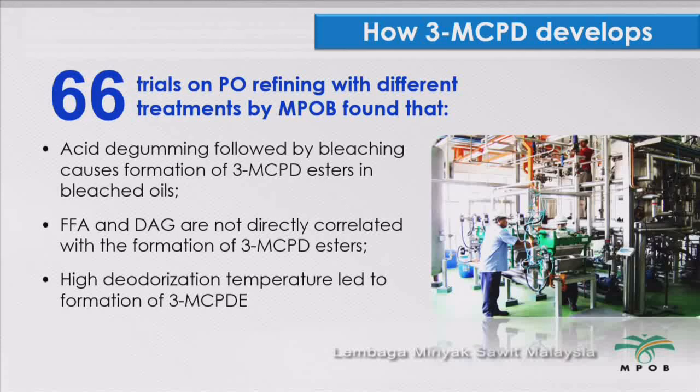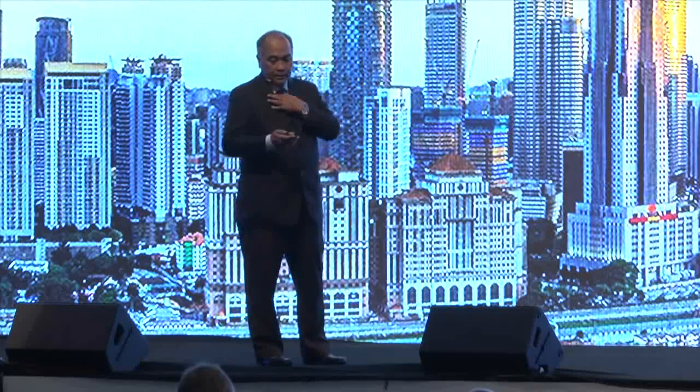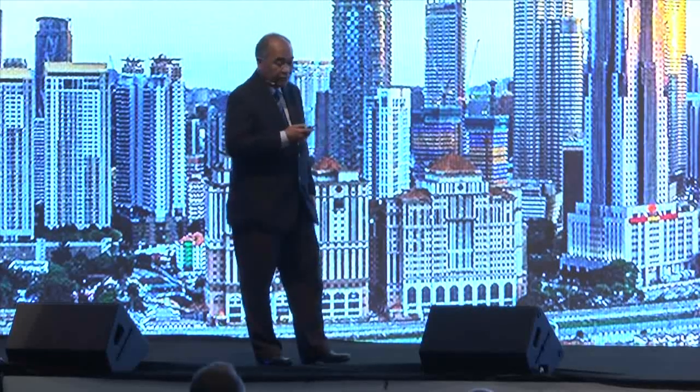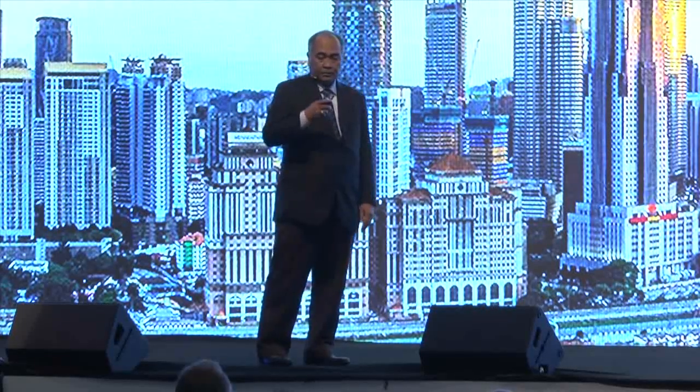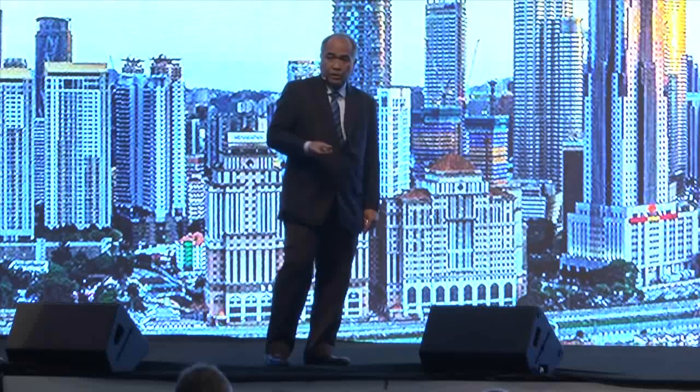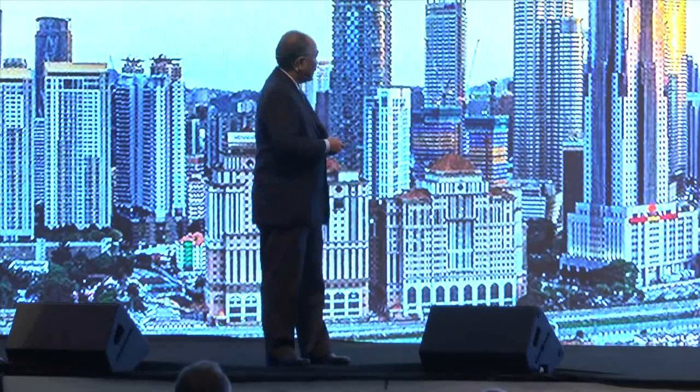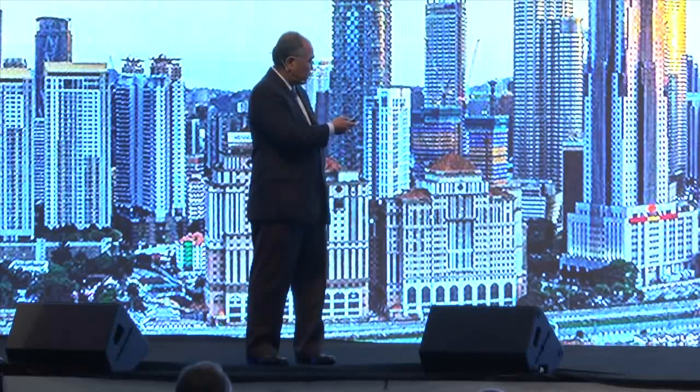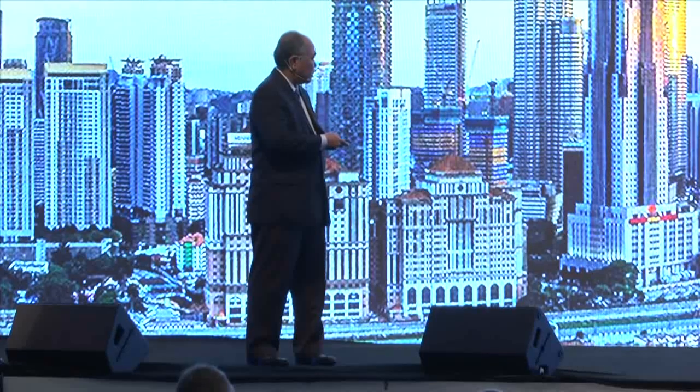Bleached is of course using the bleaching agent, clay and so on, and deodorized is always using the temperature. Now FFA here, for example, and DAG are not directly correlated to the MCPD esters, but somehow they are weakly correlated. High deodorization temperature, as I mentioned, led to the formation of 3-MCPD-E.